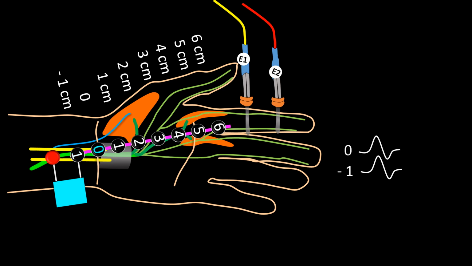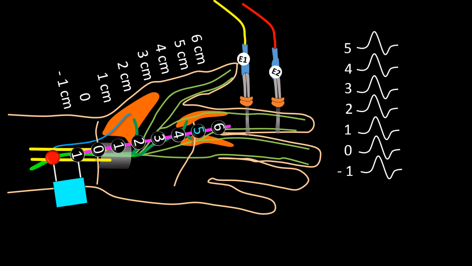Now the zero potential corresponding to the cathode at the proximal wrist site is shown. Now 1 centimeter above the distal wrist crest. Now 2. Now 3. Now 4. Now 5.